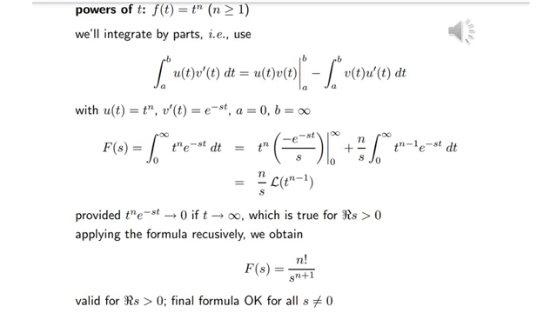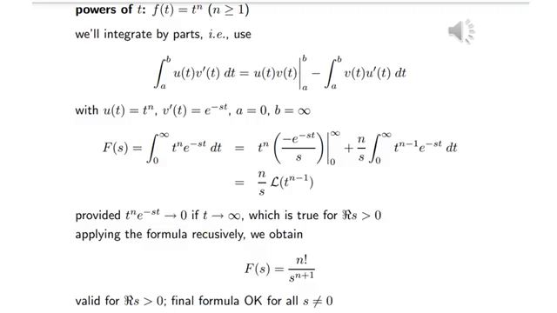So if n is equivalent to 2, it will be a t square curve, which is growing. Similarly, t raised to power 3 will grow faster than t raised to power 2, and t raised to power 4 will be faster than t raised to power 3.